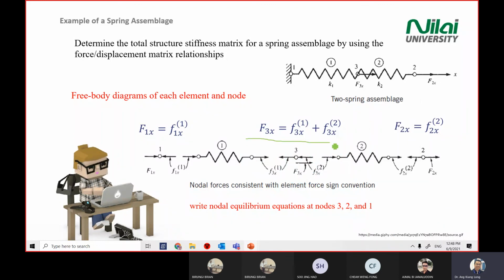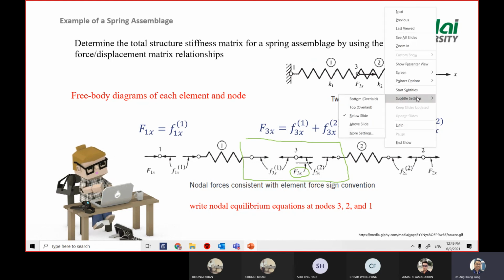Okay, just to refresh how you draw the arrow. First, you look at the capital F, the external force. Then after that, you imagine you are the point. You are the connecting point for element 1 and number 3. So because you are having an external force, you are following this arrow.